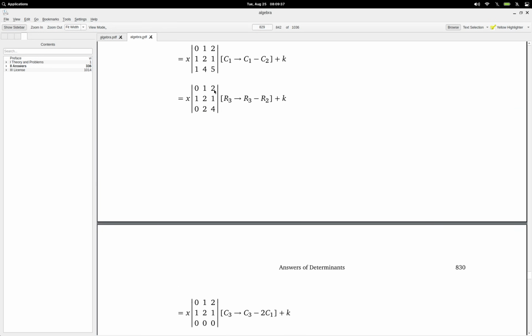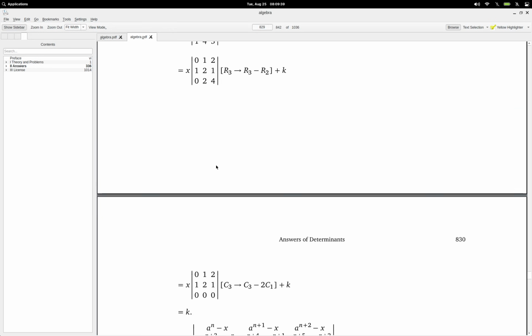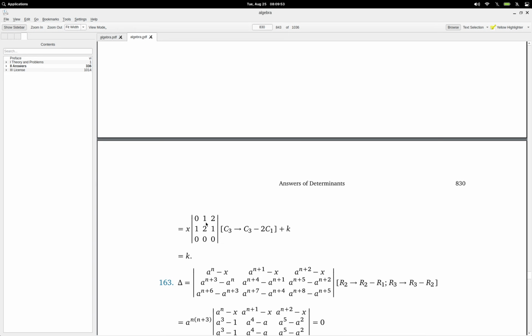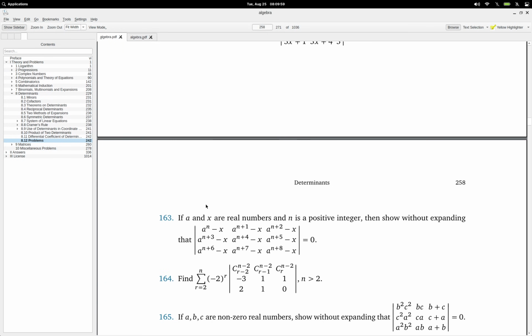No, there is something wrong here. This should be row. Row 3 is equal to row 3 minus 2 row 1. Okay. Once you do that, this last row will become 0. And therefore this determinant is 0. And your k remains constant. So it is independent of x.